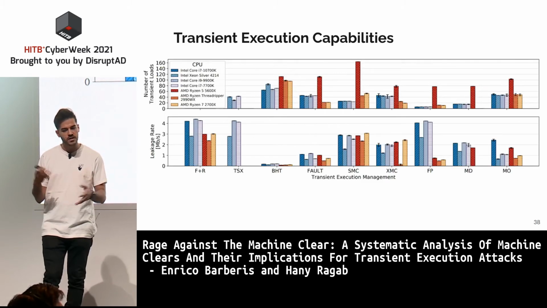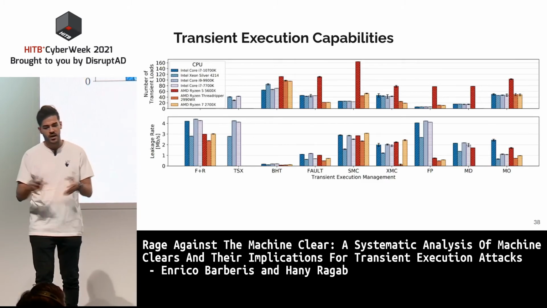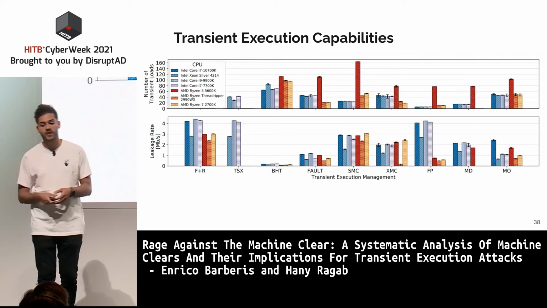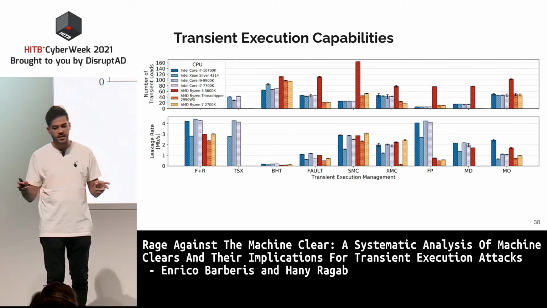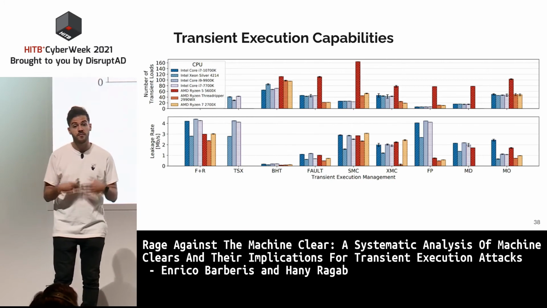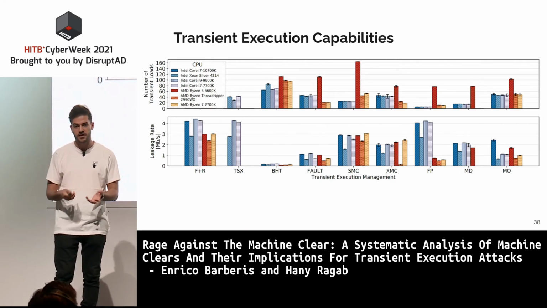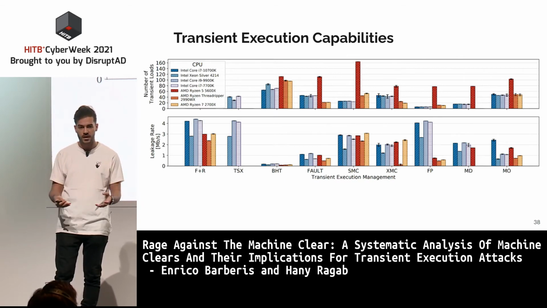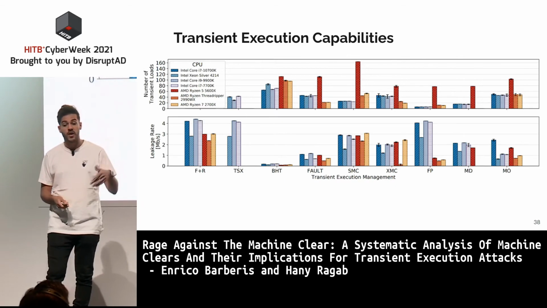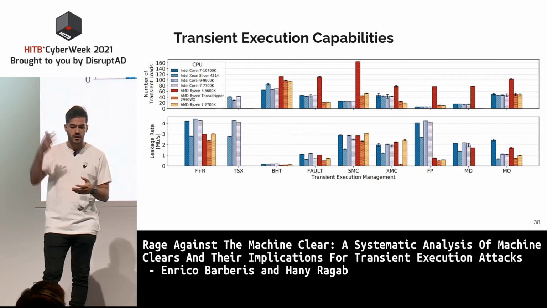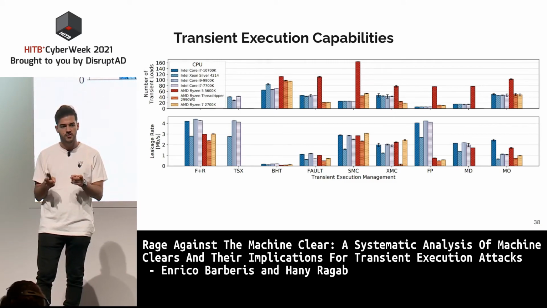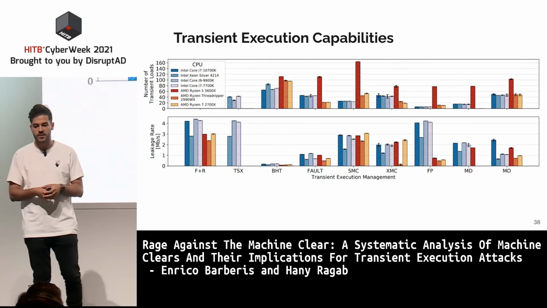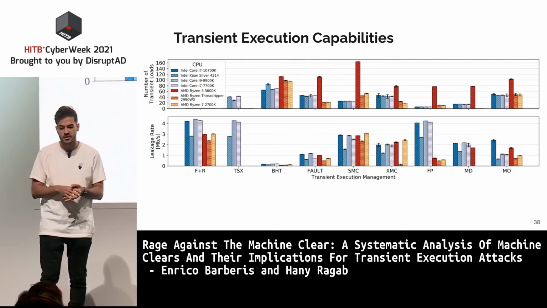So how do these types of machine clear perform compared to all previously known transient execution mechanisms? Here on the x-axis, you have the different mechanisms that can trigger transient execution, so speculative execution paths in the processor. And on the y-axis, we have two criteria. The top plot represents the number of transient loads that fit within a single transient window created by the corresponding transient execution mechanism.